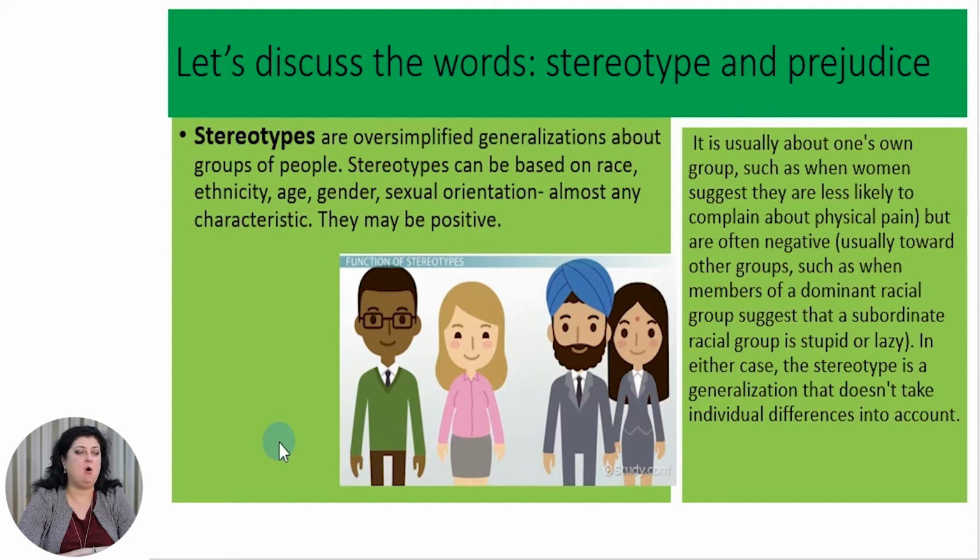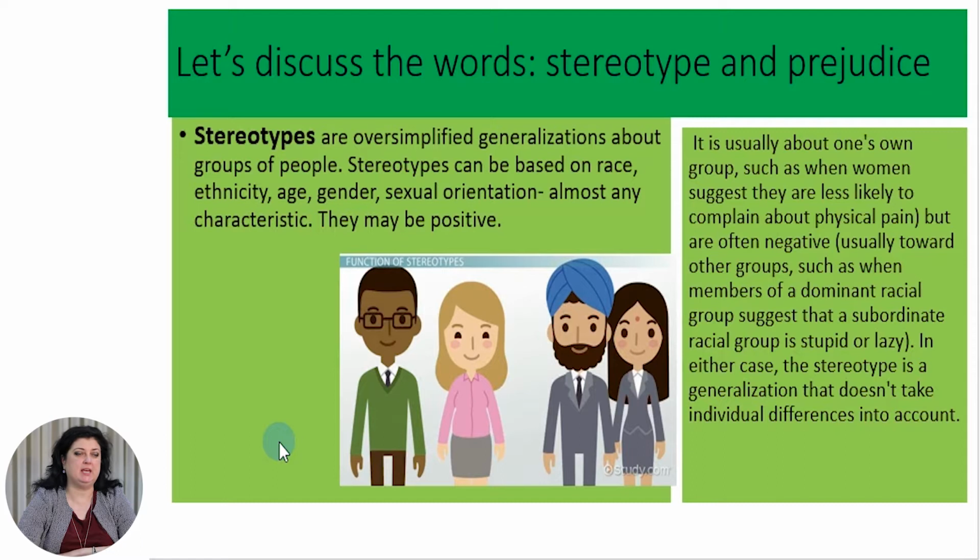Stereotypes are oversimplified generalizations about groups of people. Stereotypes can be based on race, ethnicity, age, gender, sexual orientation, almost any characteristic. They may be positive.